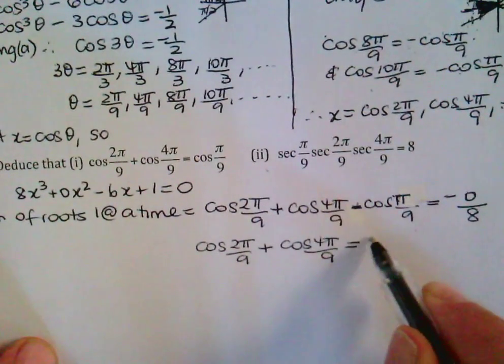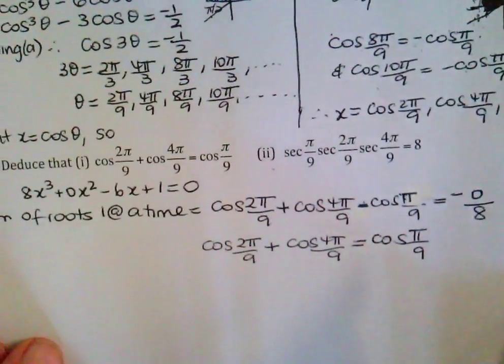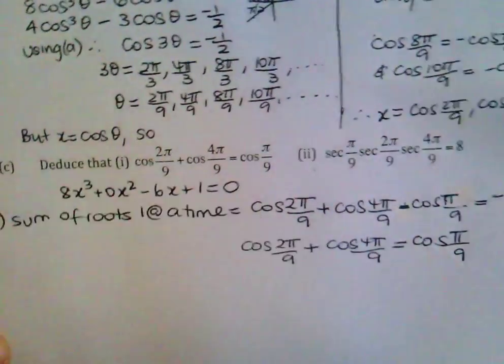And now just rearranging, this minus cos pi on 9 over to the other side becomes cos pi on 9. So therefore we've deduced that first result.